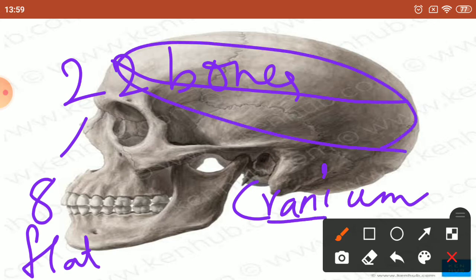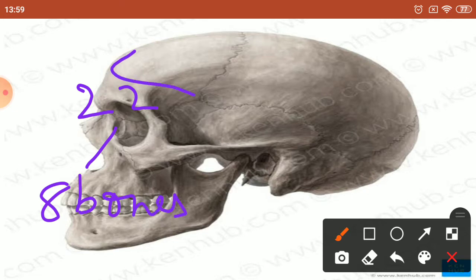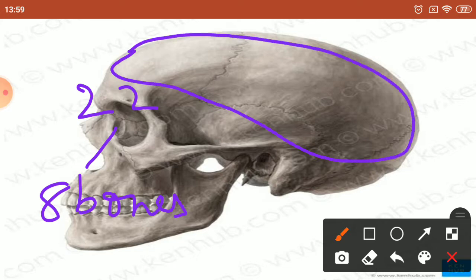That's what we call the cranium. So out of 22 bones, 8 flat bones form the entire brain box, which is called the cranium.